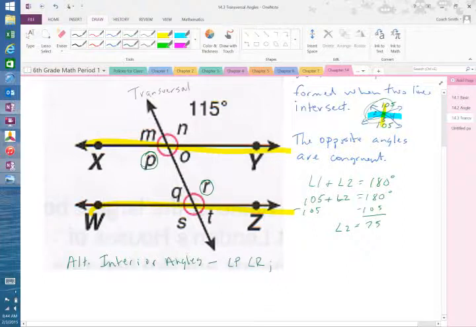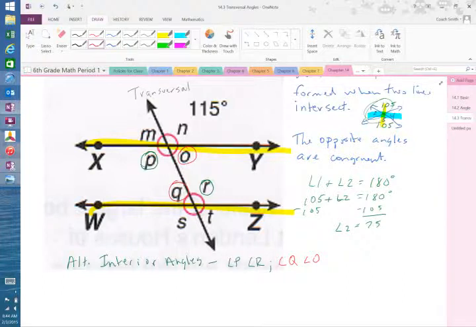So, what would the other pair be? What do you think? Whoa, Noah woke up. What is it, Noah? Yes. Angle Q and angle O. That is my other pair of alternate interior angles. Okay, they're on the inside of our two lines.